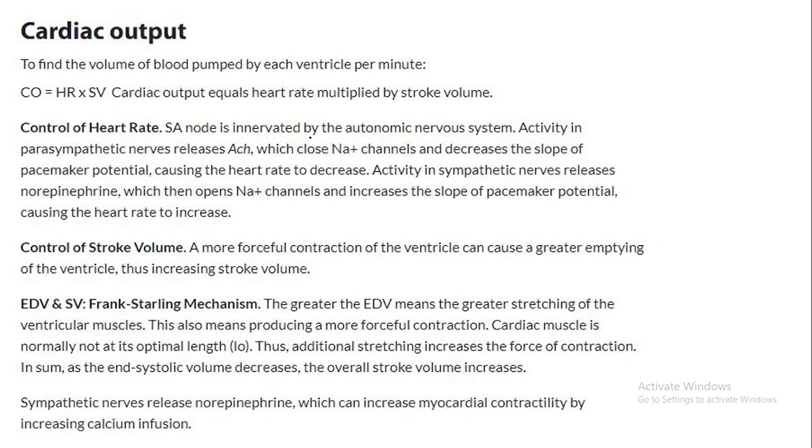Let's read it again: activity in the parasympathetic nerve releases acetylcholine. This is a neurotransmitter that is released in any kind of emotional situation, like I said, fear, anxiety, etc.